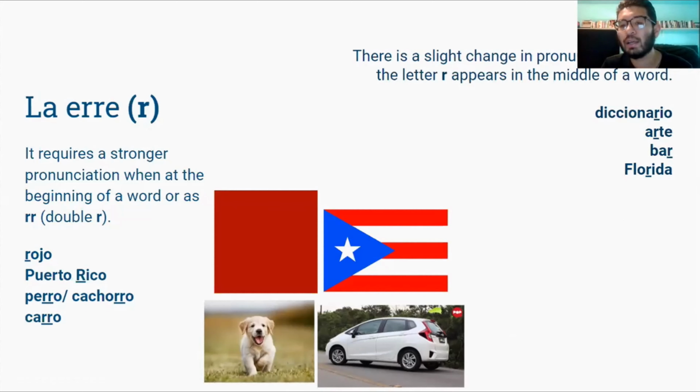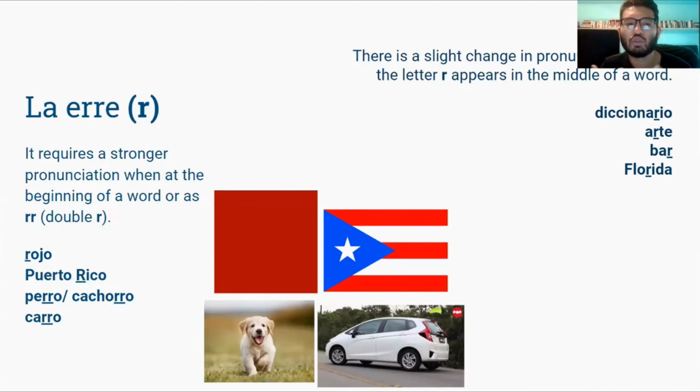If we have one R, caro, we have a different sound. So it's important to make note of that and understand that the sound is significant, because if we pronounce the single R whenever we say double R, then we will be using a different word.